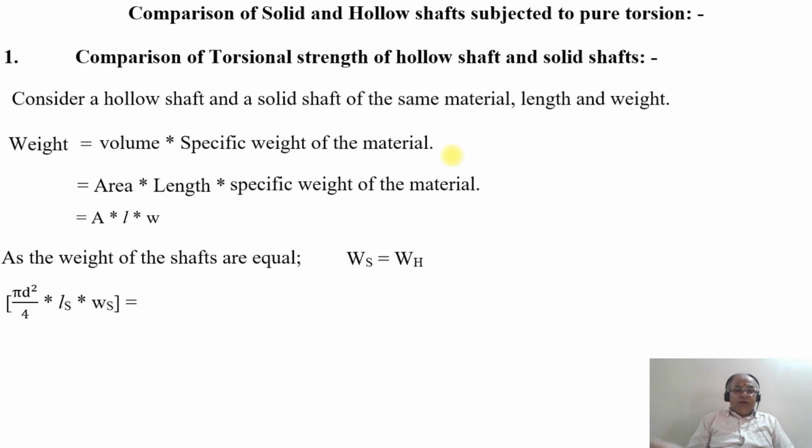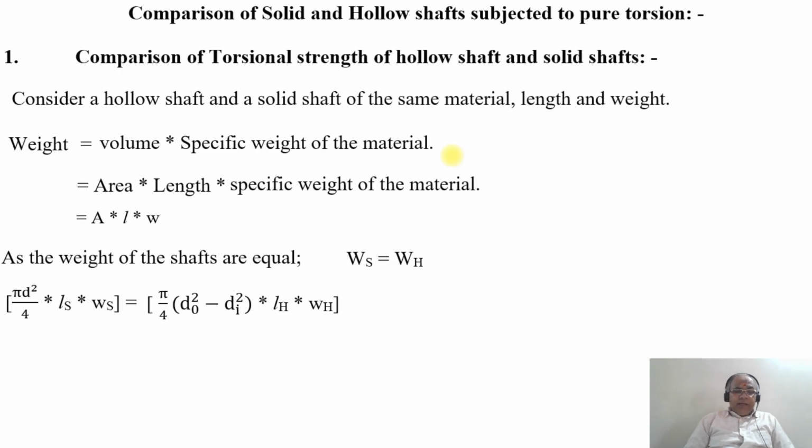The area of the solid shaft is pi d square by 4, into Ls, the length of the solid shaft, and ws, the specific weight of the material, which will be equal to pi by 4 into d naught square minus di square, into the length of the hollow shaft and the specific weight of the hollow shaft.